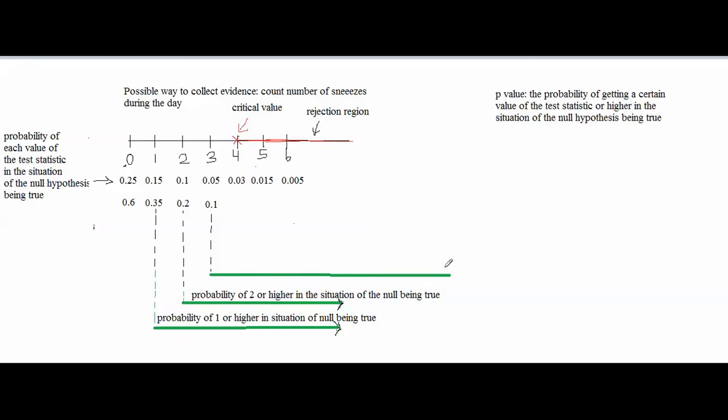So this is the probability of getting 3 or higher in the situation of the null hypothesis being true.